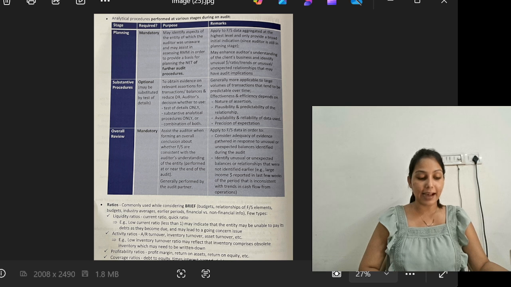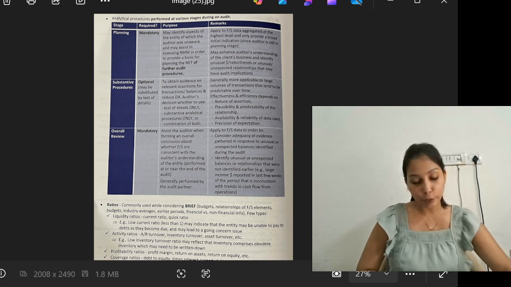may assist in assessing RMM in order to provide a basis for planning the audit procedures. Whereas at completion, the use of analytical procedures is to assist the auditor in forming an overall conclusion about whether the financial statements are consistent with the auditor's understanding of the entity. It is generally performed by the audit partner.